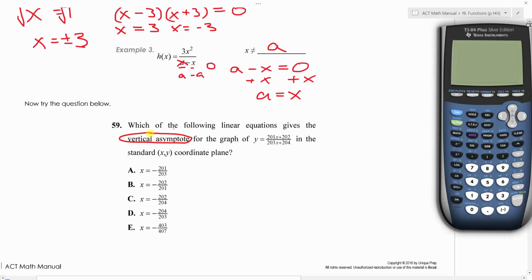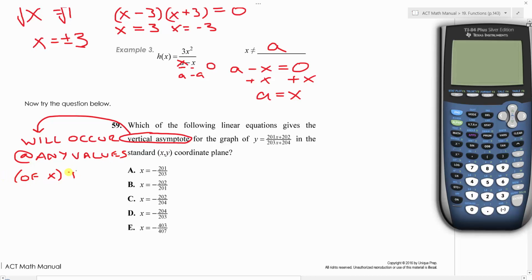Now, you need to keep in mind that a vertical asymptote will occur at any values, usually of x, of your input, that make the denominator equal 0.